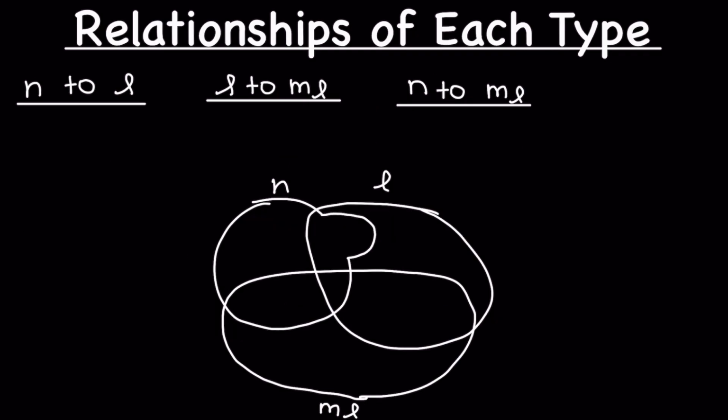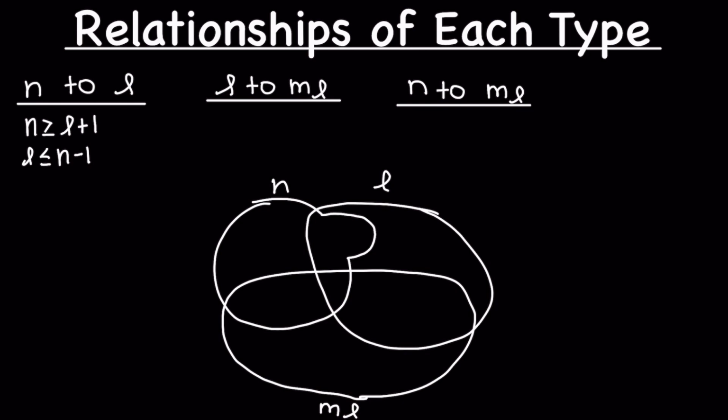Now let's go over the relationships of each type to each other once more. For n to L, we can say that n is going to be greater than or equal to L plus 1. Or L is going to be less than or equal to n minus 1.